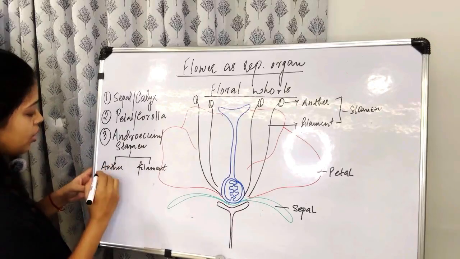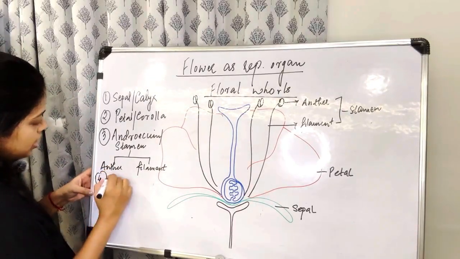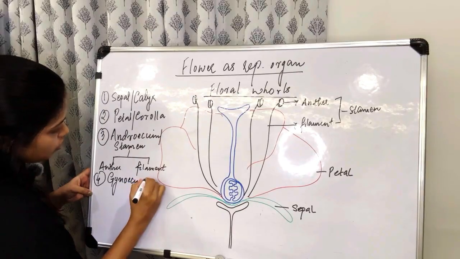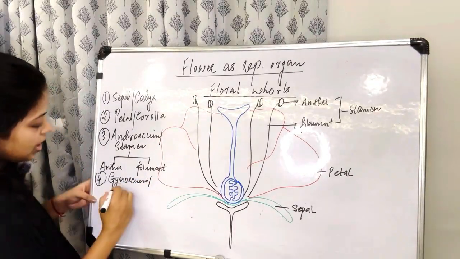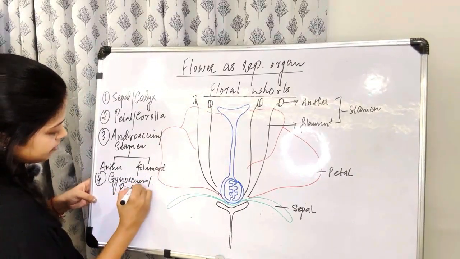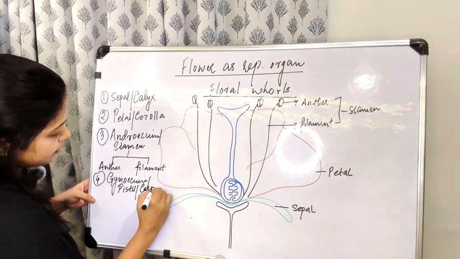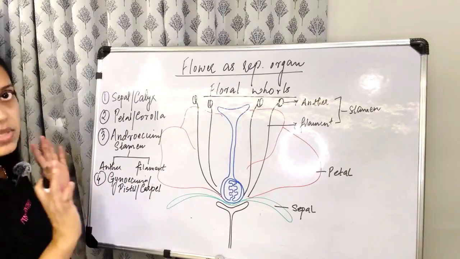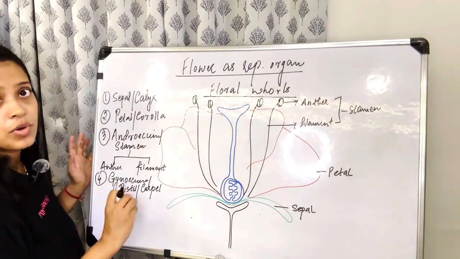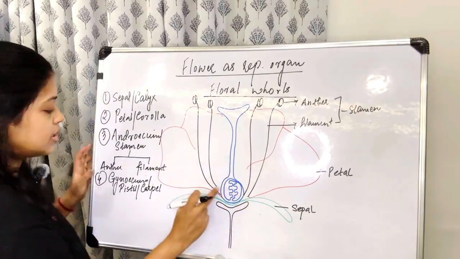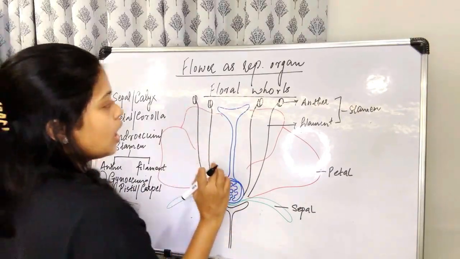The next important structure is the female reproductive structure, which is called as the gynoecium. It is also called as pistil. It is also called as the carpel. So the three names are all meant for the female reproductive structure. So in the center, the blue colored structure is called as the pistil or the carpel.